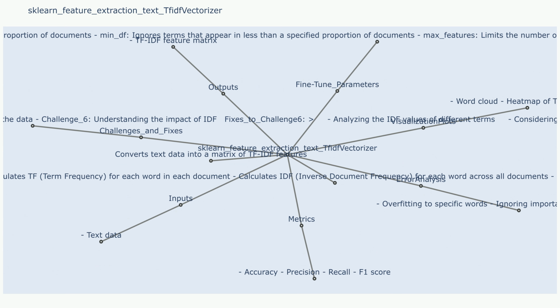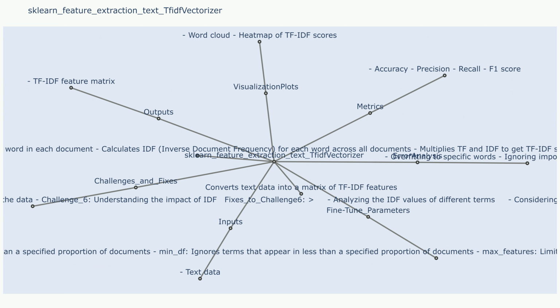This measures how rare a word is. TF-IDF calculation: the term frequency, TF, of each word in each document is multiplied by its IDF to produce the TF-IDF score.